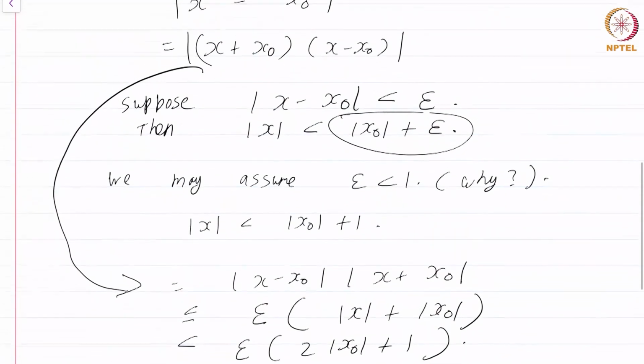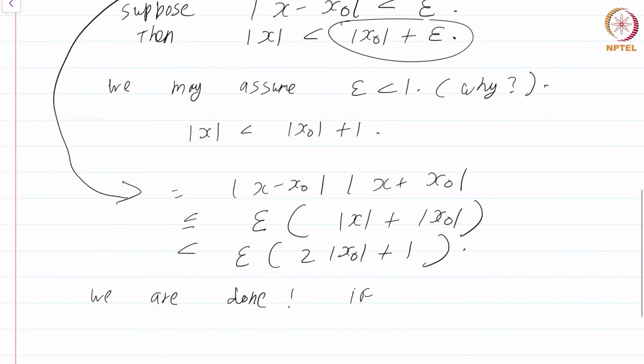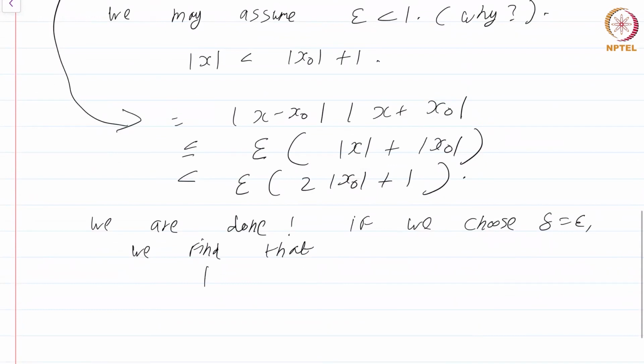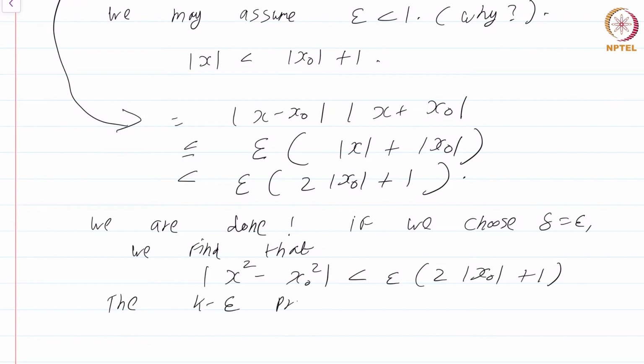What we have done is, if we choose delta equal to epsilon, we find that mod x squared minus x naught squared is less than epsilon times 2 mod x naught plus 1. This is not what we want, right? We want it to be less than epsilon. But wait a minute. The K epsilon principle delivers the proof.